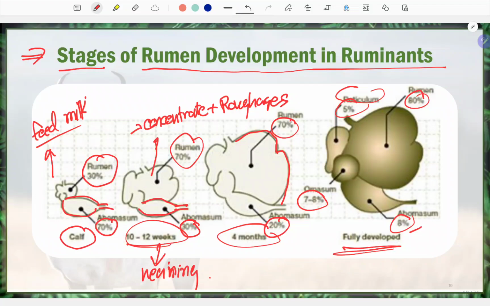So from milk to concentrate and raw fish after weaning, until after 4 months the gastrointestinal tract of the ruminant is fully developed. Okay, so you can have the biggest rumen, more digestion, and more microbes inside, microbe function.